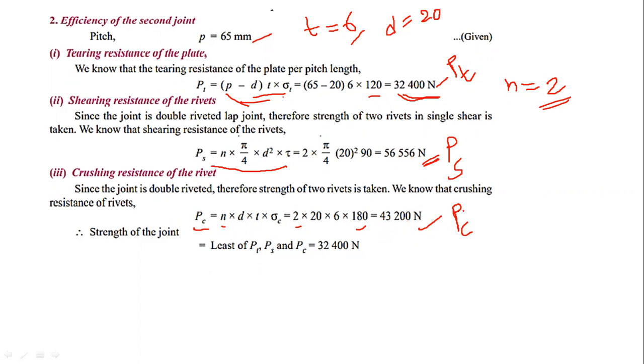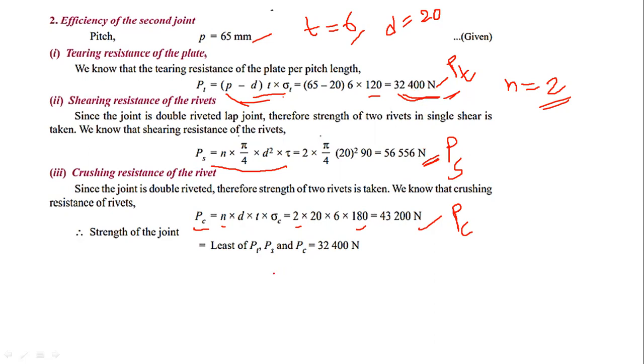From these three values, you have to identify the least value. The least value of PT, PS, PC is 32,400. Here the least strength is 32,400.